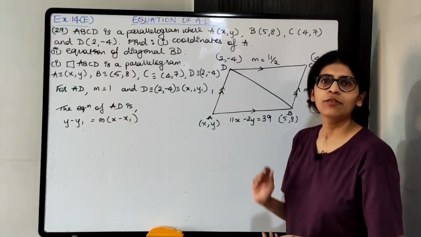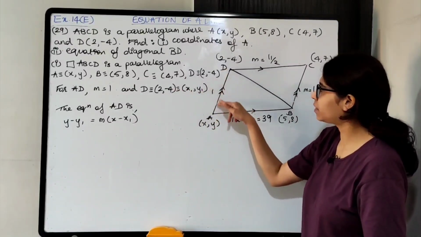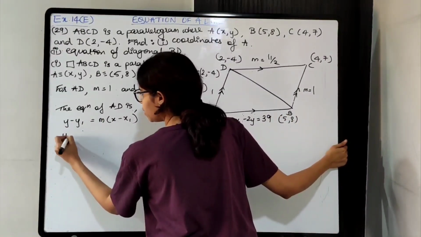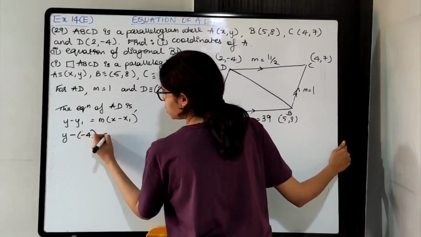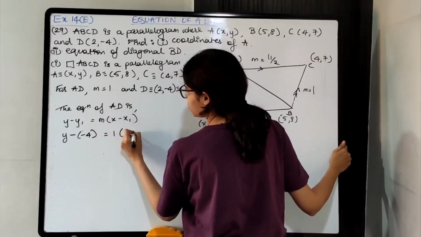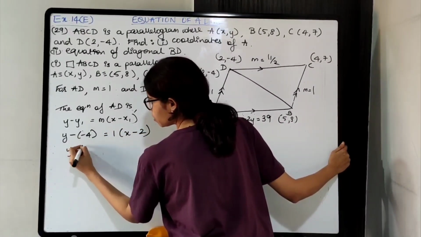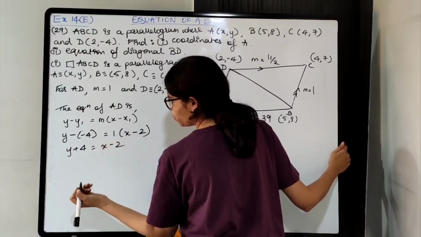Okay. For AD, write down the slope and D का coordinates we'll take as x1 y1. Right. Now equation of AD will be y minus y1 is minus 4 is equal to m is 1 into x minus x1 is 2. Minus minus plus हो जाएगा and your 1 into x minus 2 will give x minus 2.